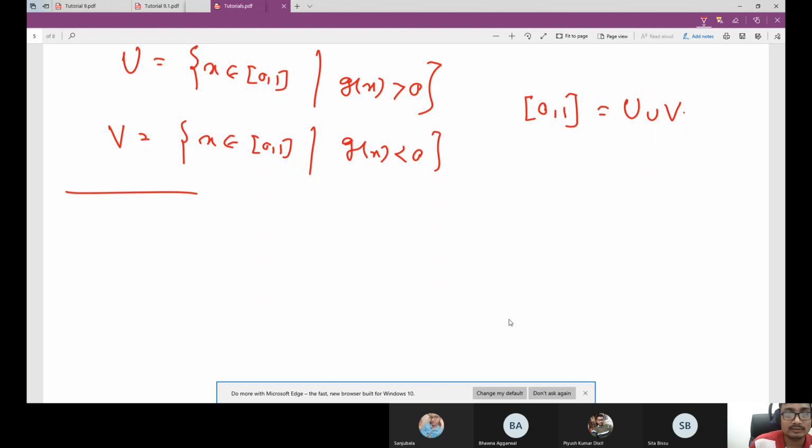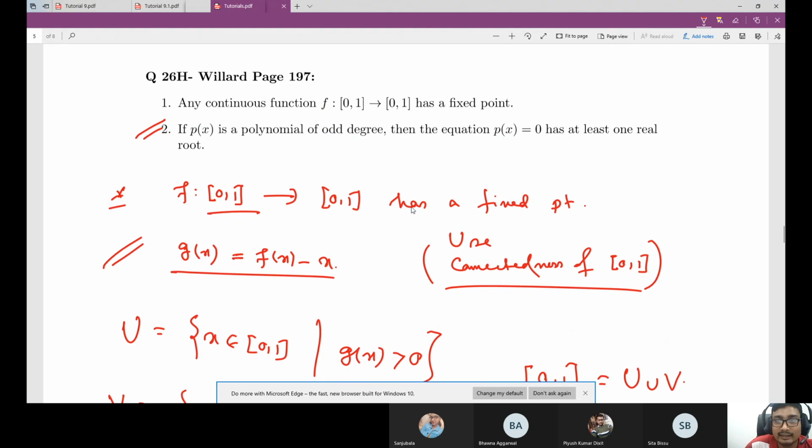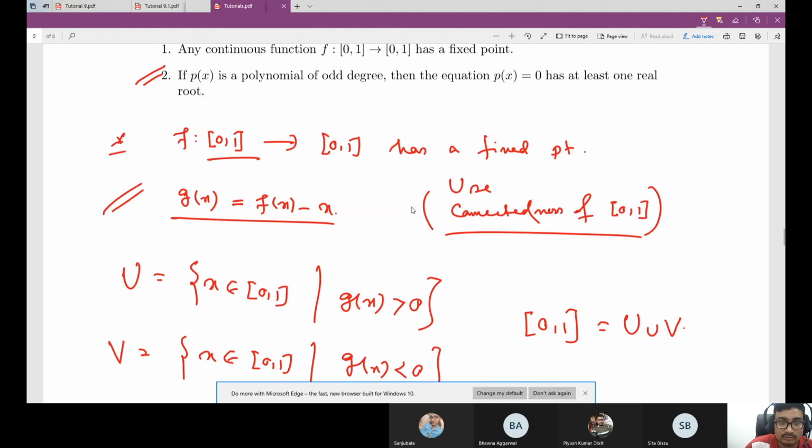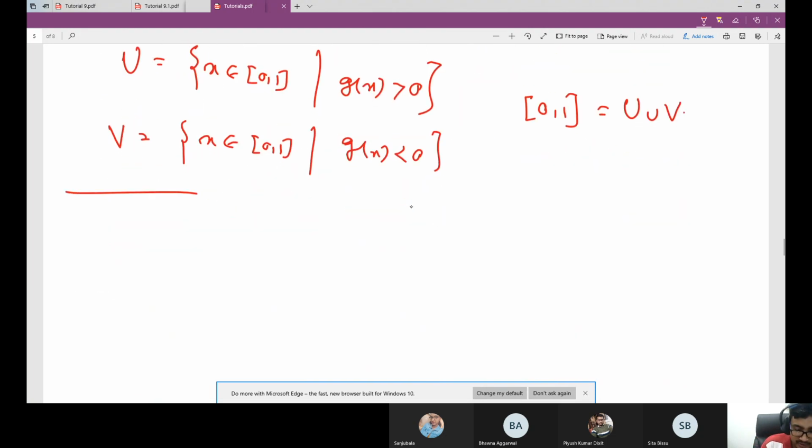What about the second one? This is again very easy from algebra, right? A polynomial of odd degree has at least one real root. Bolo, how to prove it?